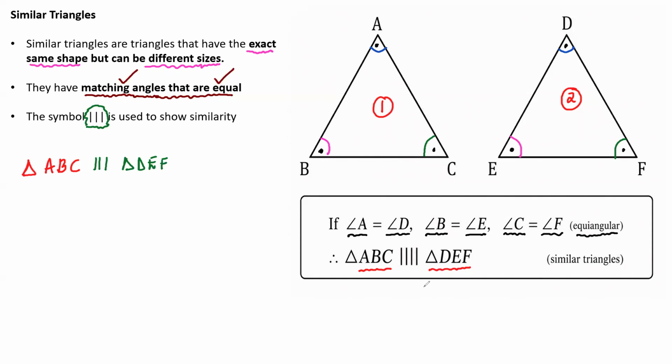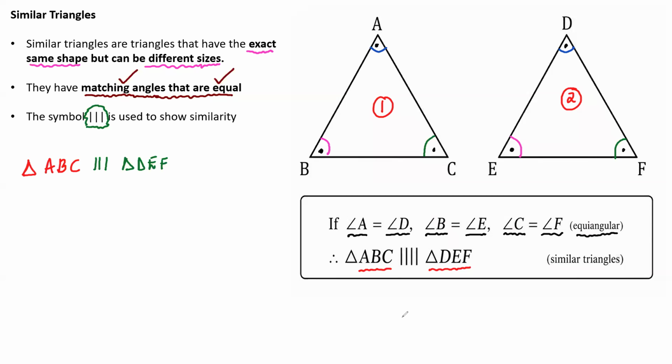If I'm able to prove that the matching angles are equal, consequently, the triangles become similar. One more time: if A is equal to D, if B matching E are equal, if C is equal to F, so if they are all equiangular, conclusion, the triangles are similar.